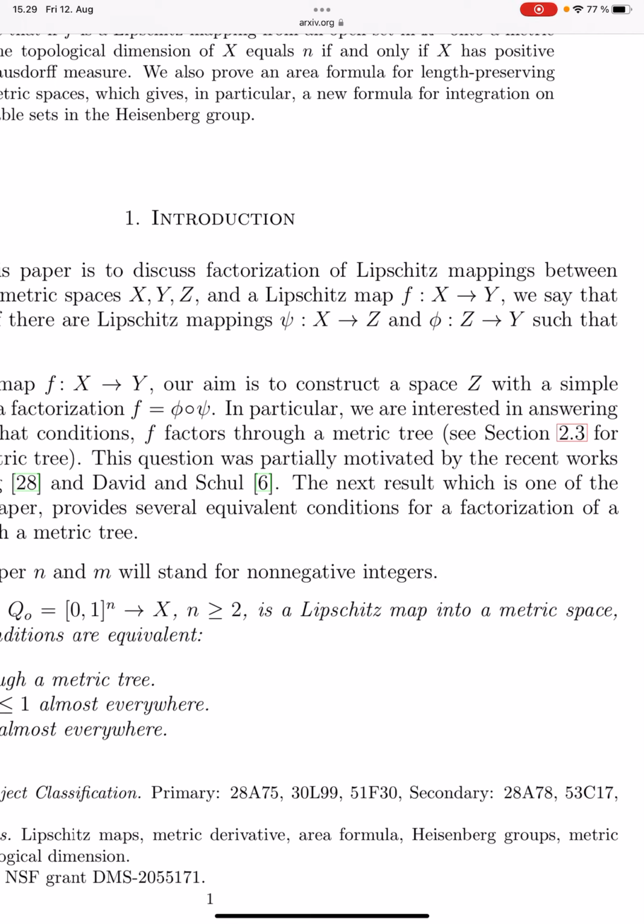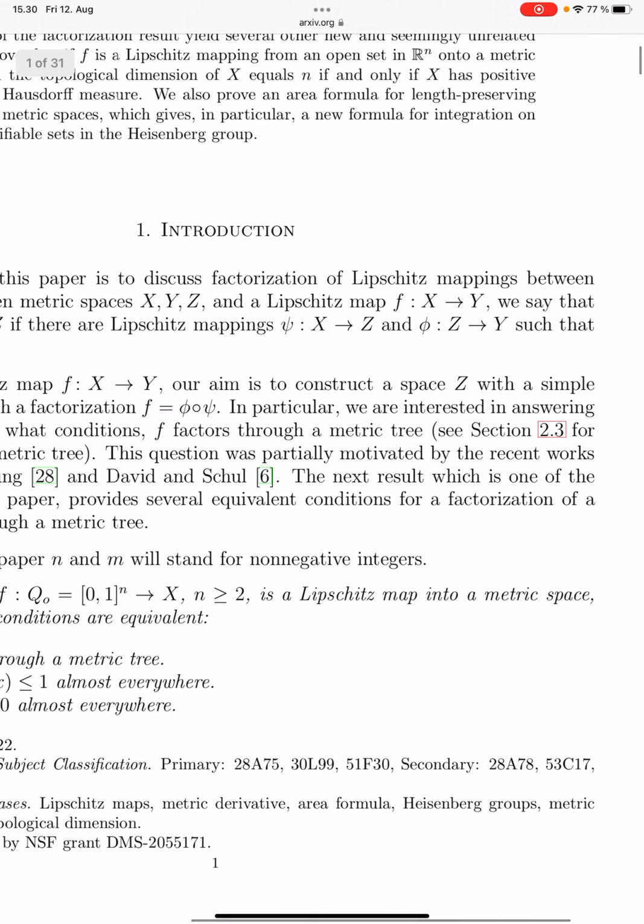So why would one want to turn a single map into two maps? The answer is that often we wish to find a space z that is a simpler space or a more universal space. And in this particular paper, we wanted to know when you can plug in this z, and z is a metric tree.